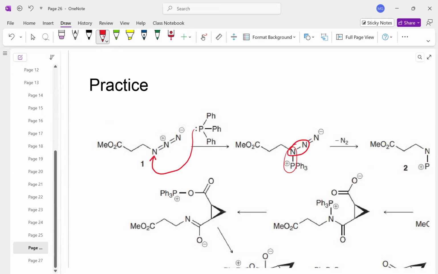Now, if I do that, this nitrogen right here will violate the octet rule. So I'm going to fix that by moving these pi electrons to that nitrogen. And notice that explains both things that happened. There's a new phosphorus-nitrogen bond, and then the nitrogen-nitrogen double bond went to a nitrogen-nitrogen single bond.